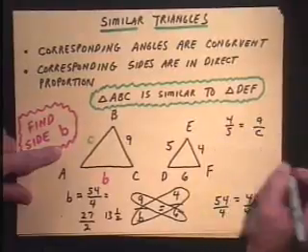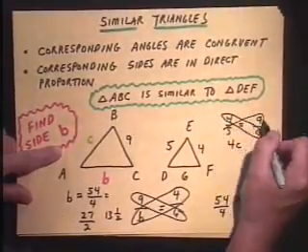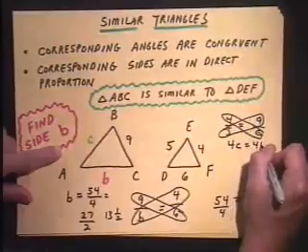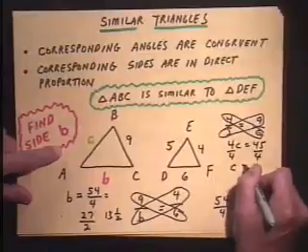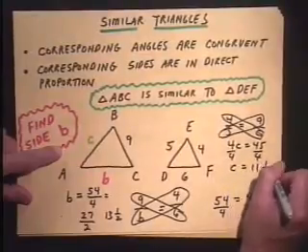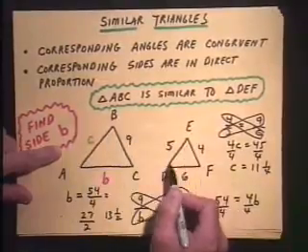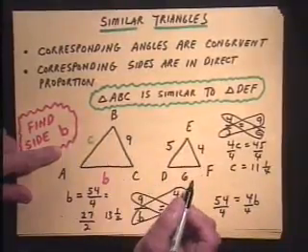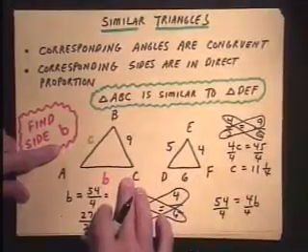We could cross multiply: 4 times C is 4C, 9 times 5 is 45, and then we divide both sides by 4. So side C would be 11 1/4. Now we have them in direct proportion. So that's just another use of rational equations.